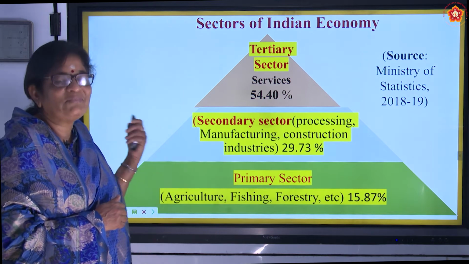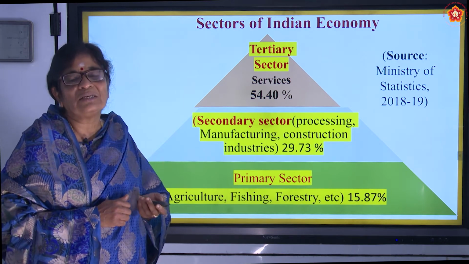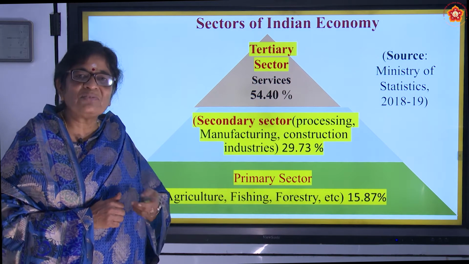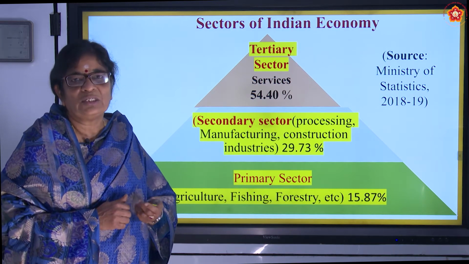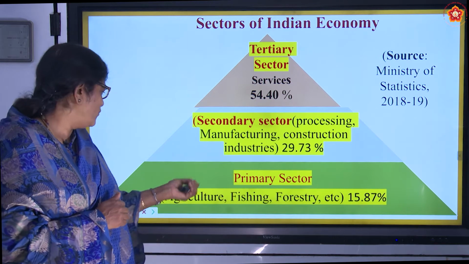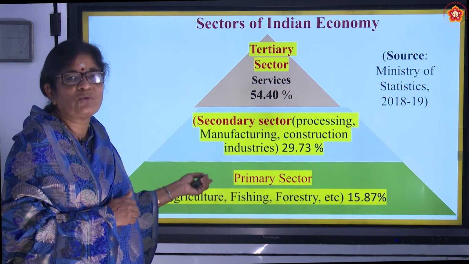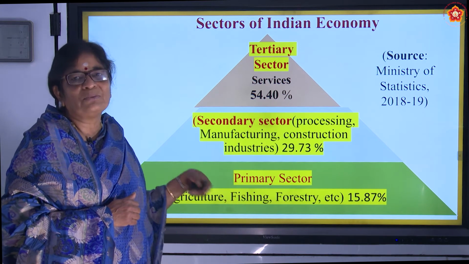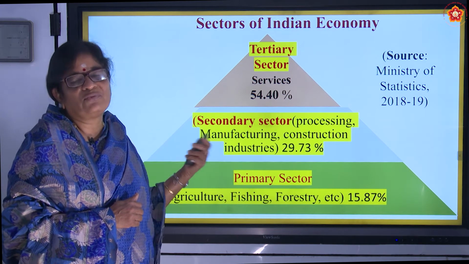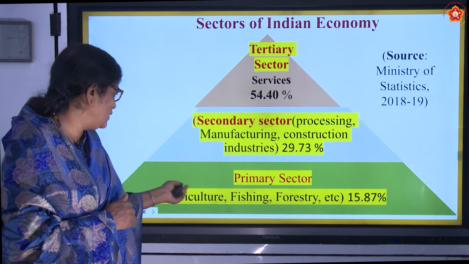We have studied under microeconomics what is production: the transformation of inputs into output is the production process. Therefore, the agricultural sector utilizes all the natural resources like land, labor, water resources, and converts them into paddy or wheat or other fruits and vegetables, which are very important to the nation.